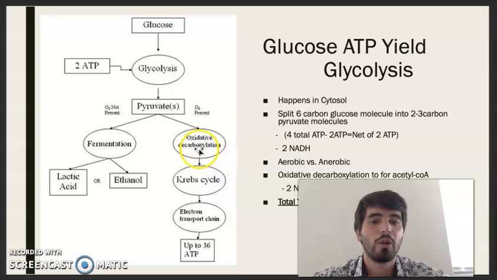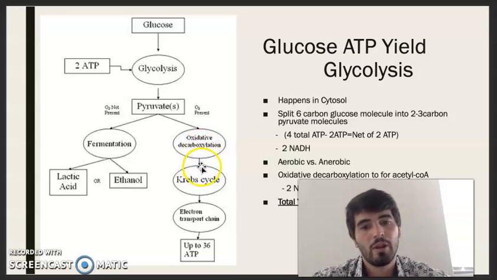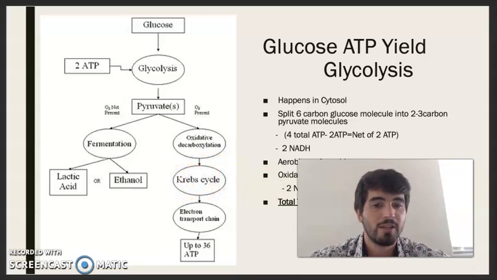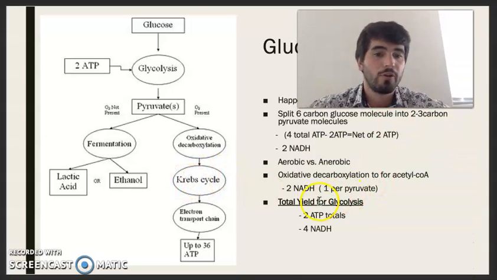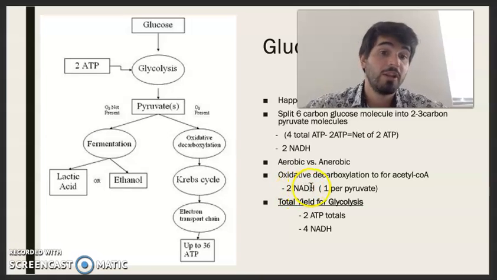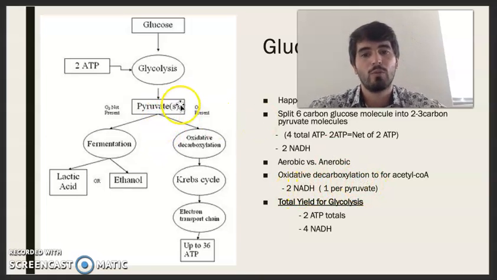We need acetylcholine to get into the Krebs cycle. So this process pretty much just gets rid of one of those carbons, makes acetylcholine, and now we are ready to go into the Krebs cycle. It's also worth mentioning that through oxidative decarboxylation, we get 2 more NADH, 1 per pyruvate that was created up here.